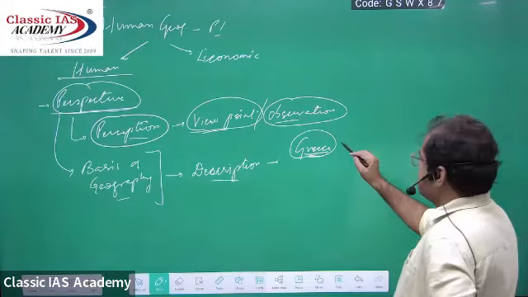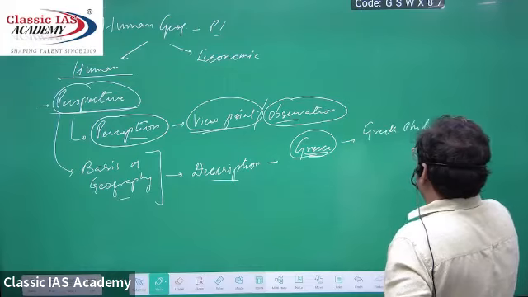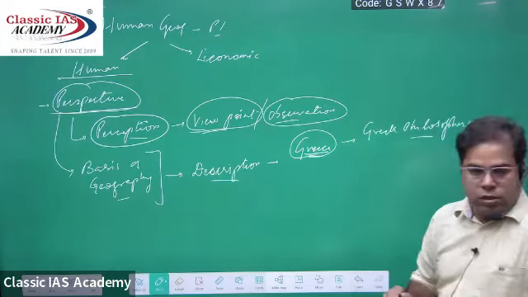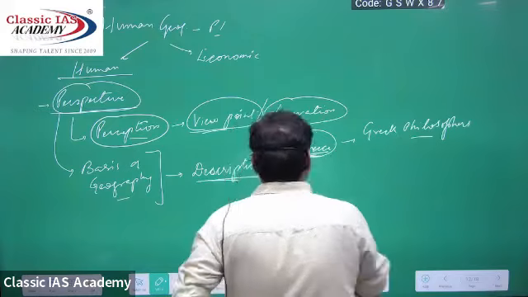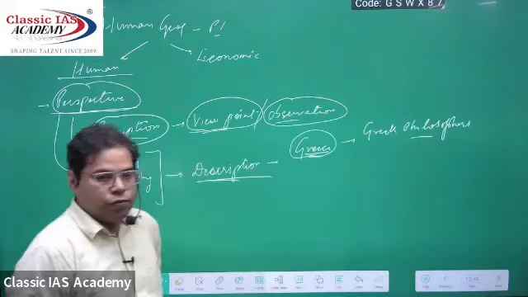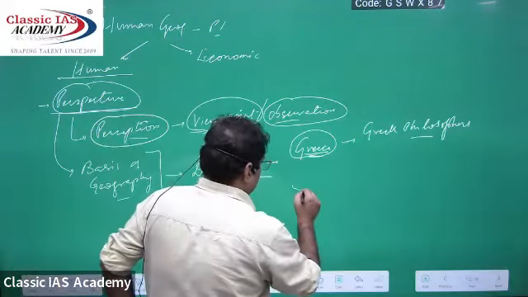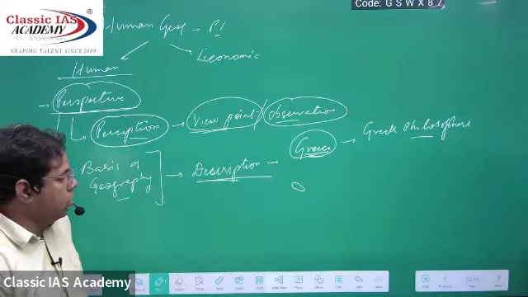The Greek people described what they observed, and so geography became description. How? Greece is a small country in the Mediterranean Sea.